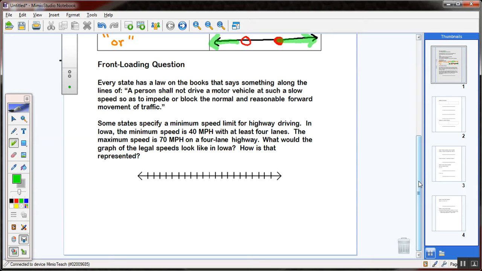When you get an answer or when you think you know what you should do, talk with someone at your table and see what you would do, or talk about what you might do in order to answer this, okay? So take a minute or so and go ahead and do that.